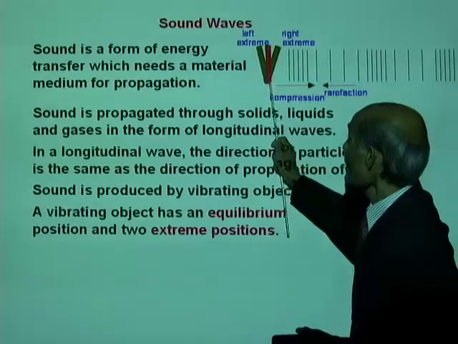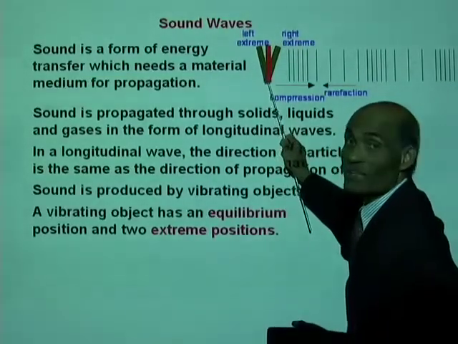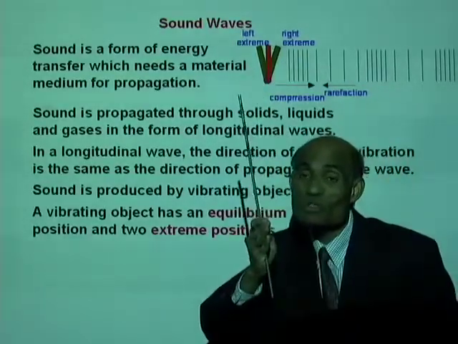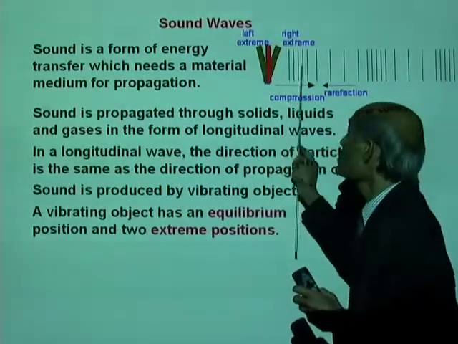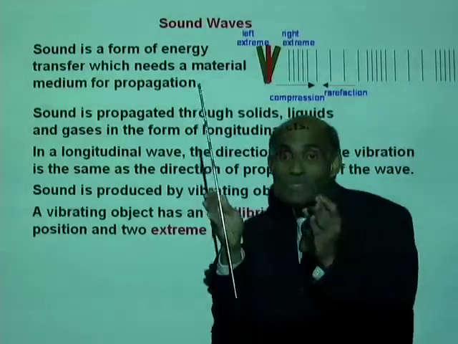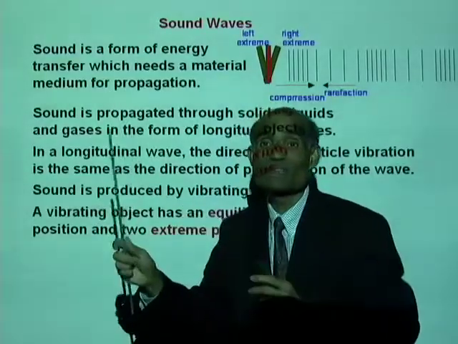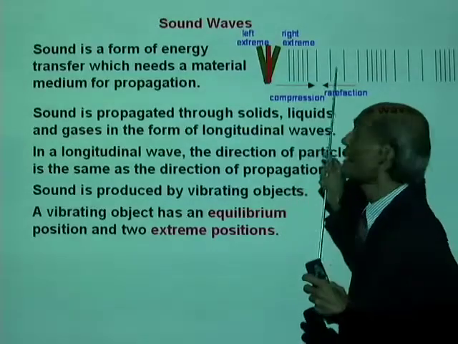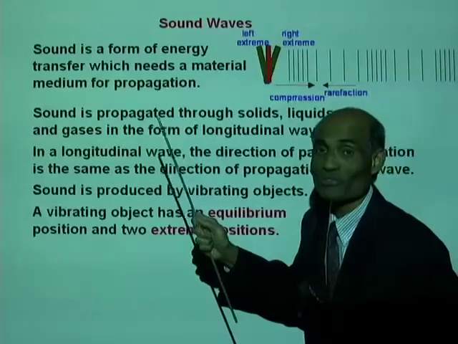If the vibrating object is at the left extreme, as it moves to the right, it will push the particles of the medium together, forming a region of high density. You remember longitudinal waves have regions of high density and regions of low density. Regions of high density are called compressions, and regions of low density are called rarefactions.